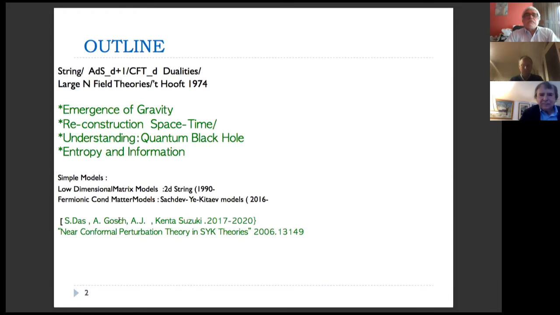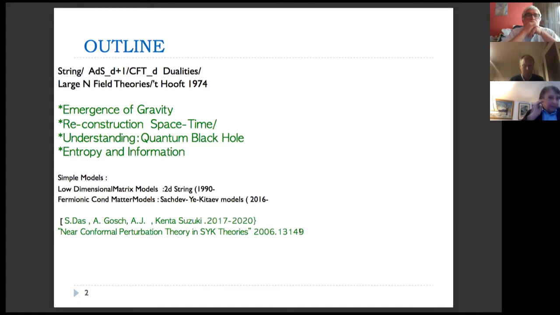I'll describe our latest work with Sumit Das, Ghosh, and Kenta Suzuki on how to do perturbation theory in these models, and you will see why. And this reference will have all the previous references. So there is a huge number of papers, and whoever is interested will be able to look at those.